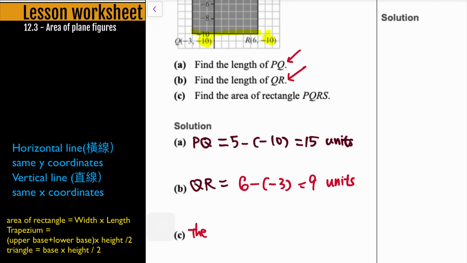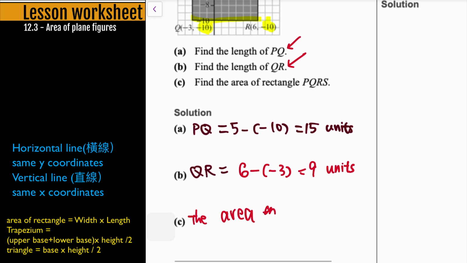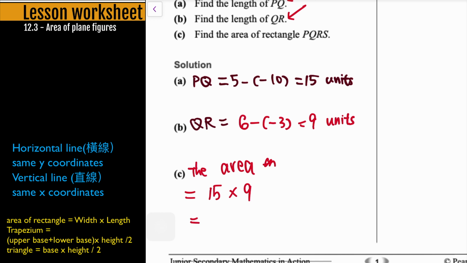You got the length and width, so it equals 15 times 9, which is 135 square units. We do not accept unit square like this. Make sure the answer that you put down is like this, square units.